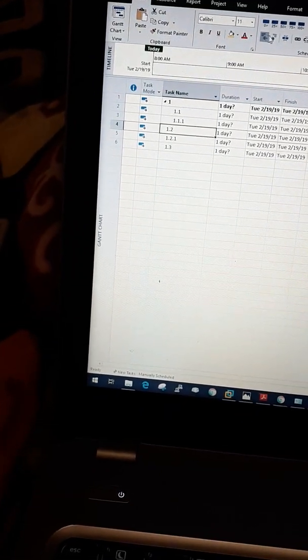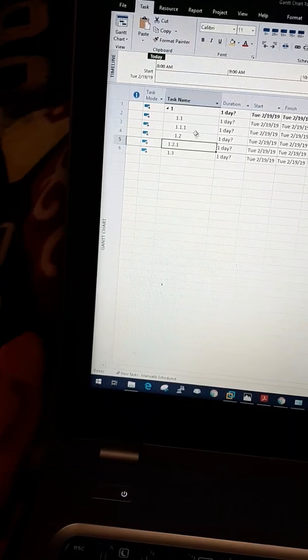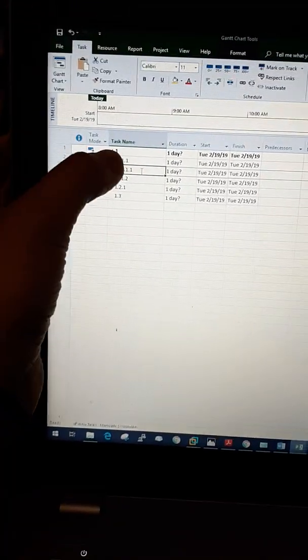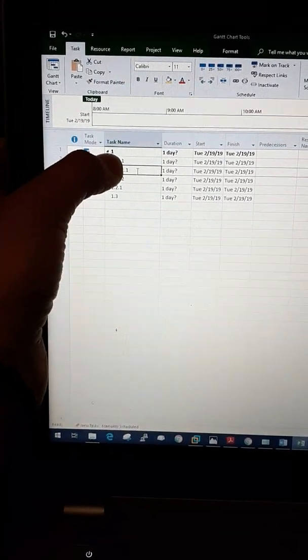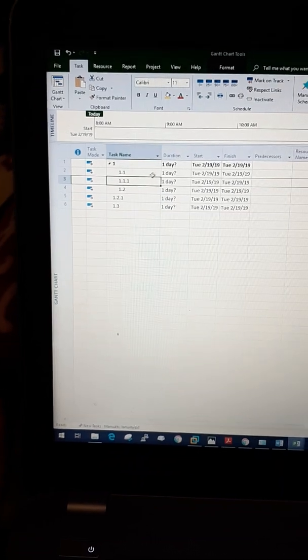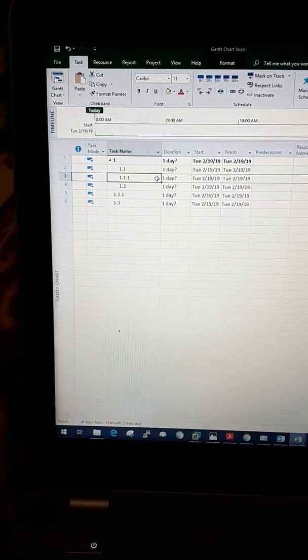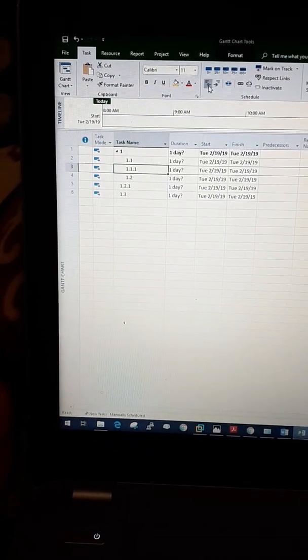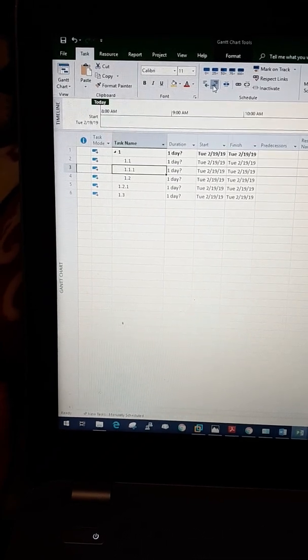1.1.2 as a subset of this 1.1. So I'm going to use indent. So be careful. The concept is the same, just the thing is different. So this bold thing will help you to make the difference. So here 1.1 and 1.1 are at the same level, you can see. The bold thing will help you. So click here 1.1.1, right? Use indent.